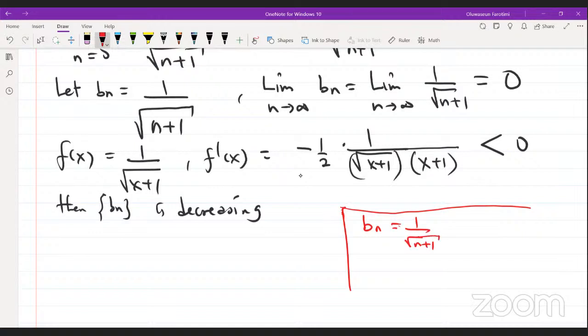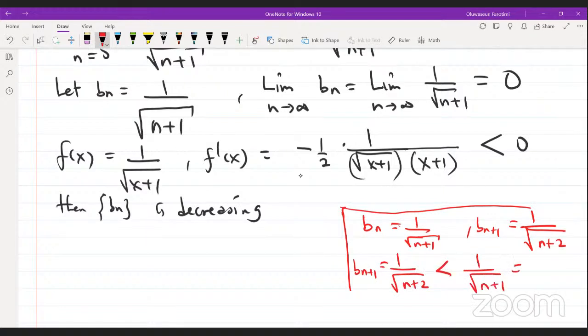Then you go to B sub n plus 1, the next term, which is n plus 2. So you compare these two guys. B sub n plus 1 is actually less than this guy. And that means that Bn is decreasing.